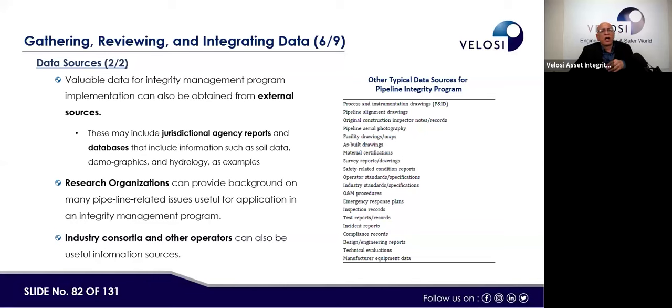Those standards also give certain information that can be used, and there are research organizations whose information can also be used. The main information comes from the operator or the company itself, from its own records, and then we can also get certain data from other sources.